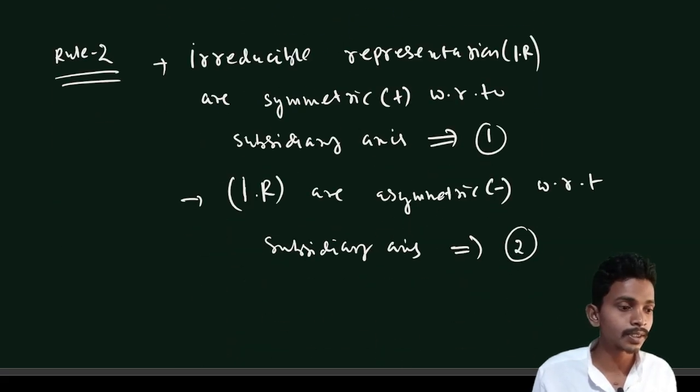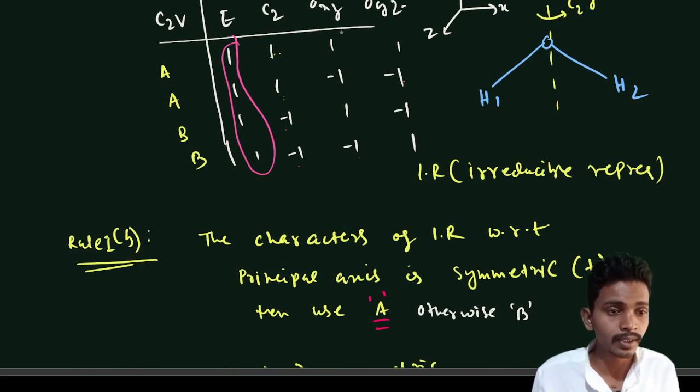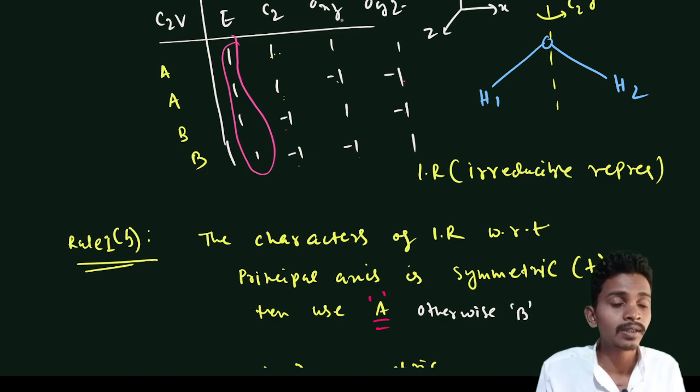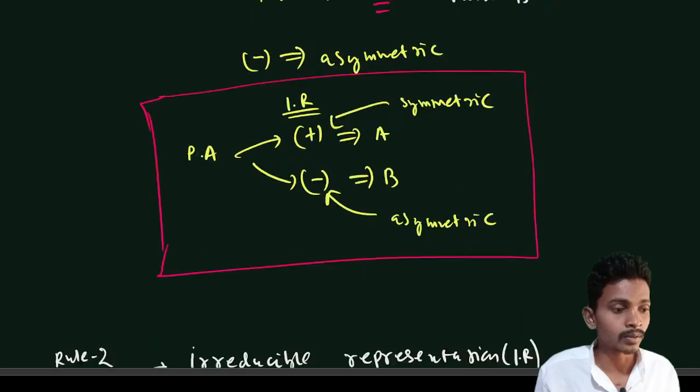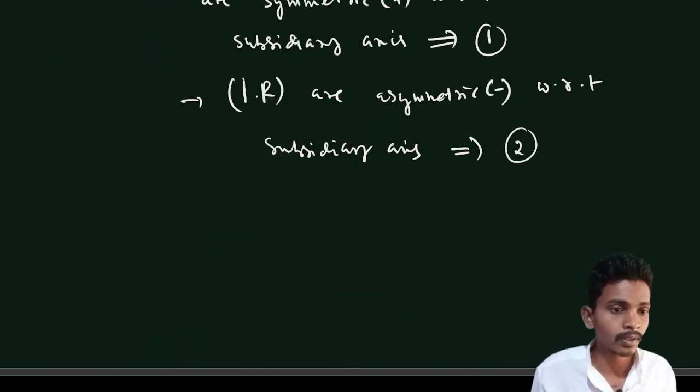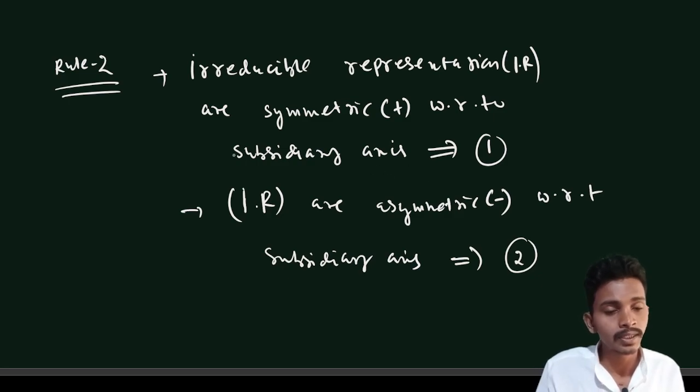So these are the irreducible representations. If this is -1, +1, -1, it means this is negative, this is positive, this is positive. If these are positive with respect to the subsidiary axis, then that is 1. If it is negative with respect to the subsidiary axis, that gives 2. Here the subsidiary axis is not there, only the C2 axis is there, one axis.